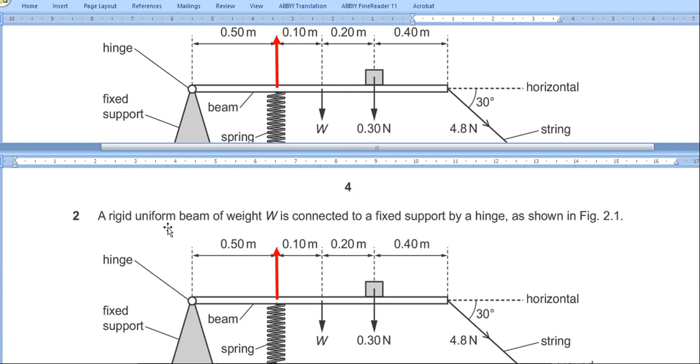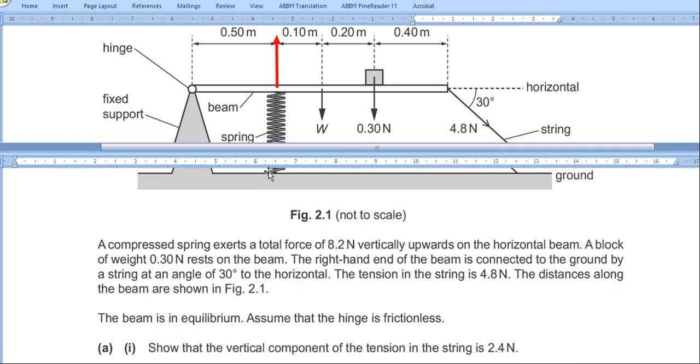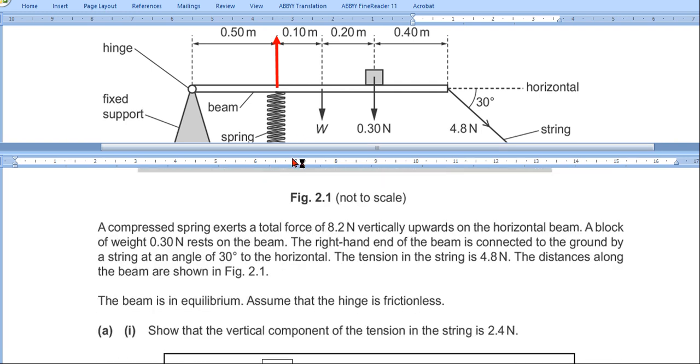A rigid uniform beam of weight W is connected to a fixed support by a hinge as shown in figure 2.1. So this figure. A compressed spring exerts a total force 2.8 Newton vertically upwards on the horizontal beam.